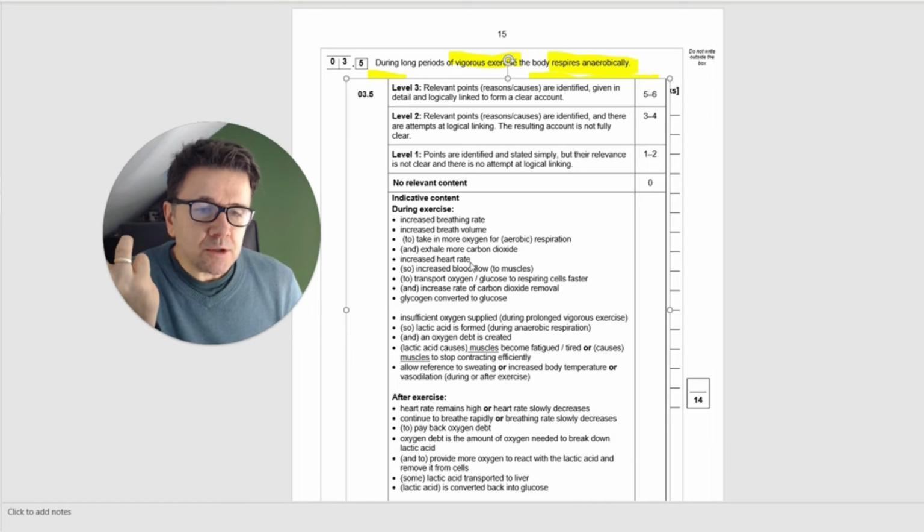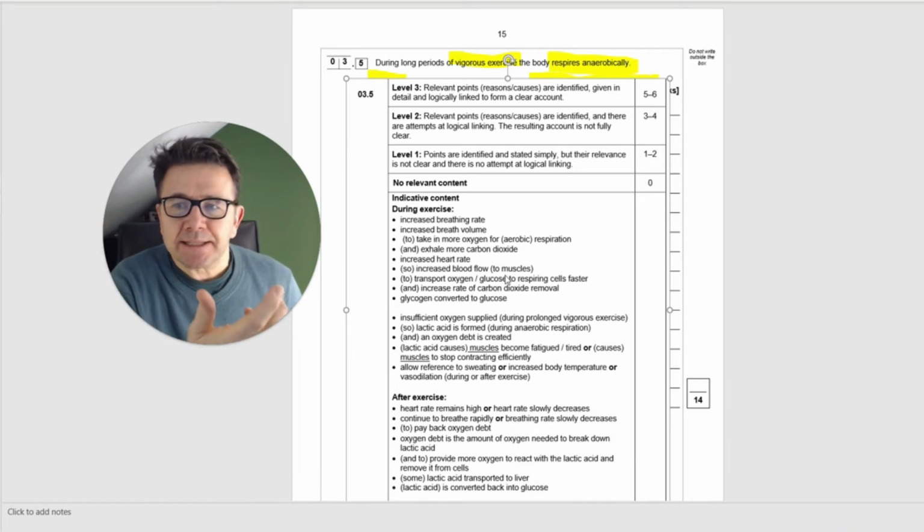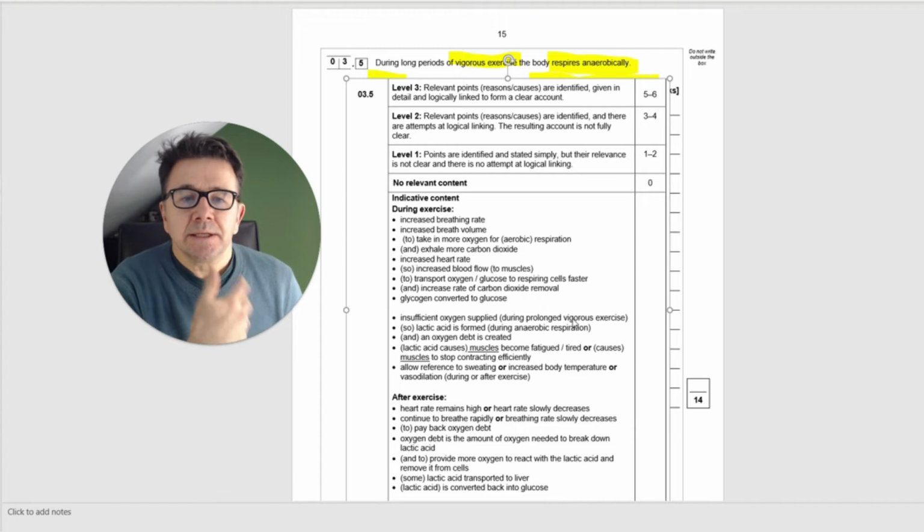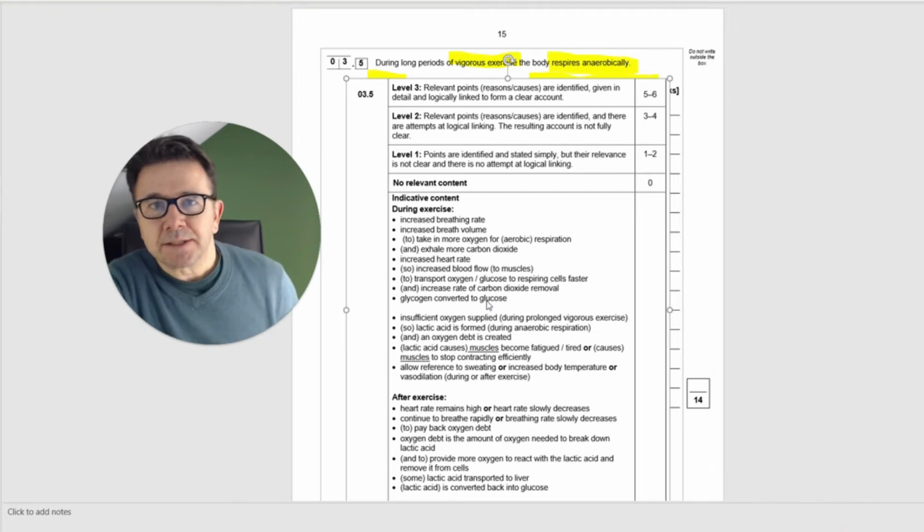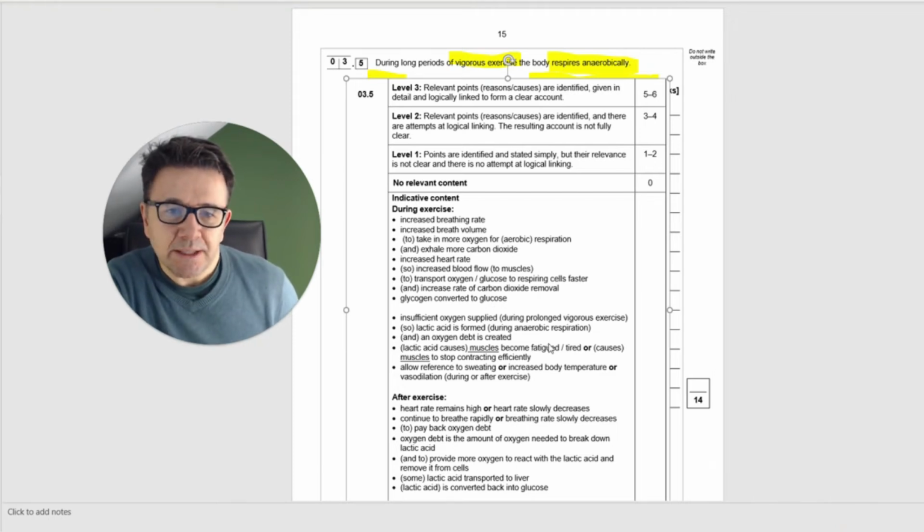Well, you're taking in more oxygen for respiration and exhaling more carbon dioxide. You could mention that heart rate increases, so that increases blood flow to the muscles. It's transporting oxygen and glucose faster, so you're getting increased rates of carbon dioxide removal as well, and glycogen converted to glucose. So that's what's happening during exercise.